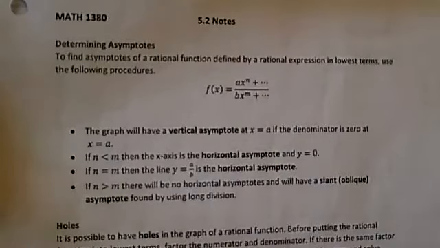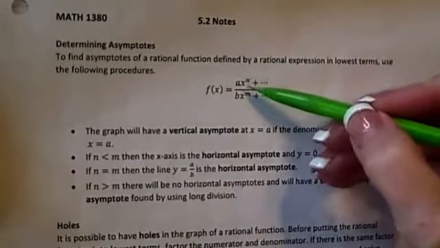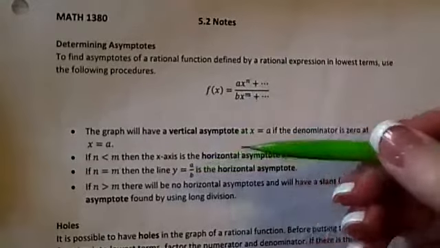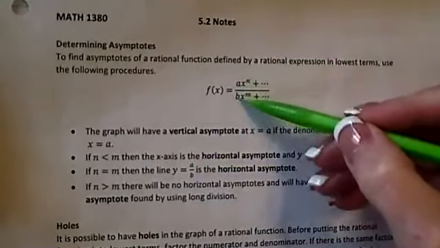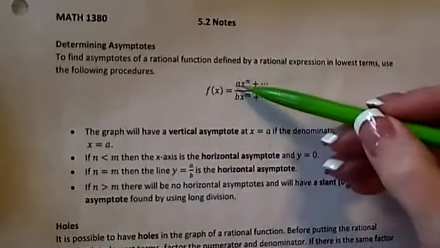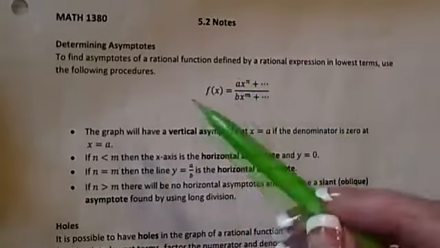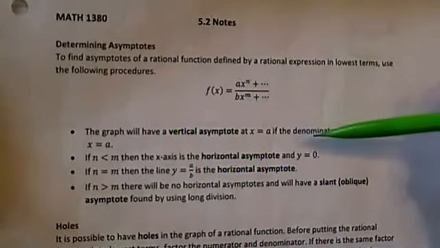If n equals m, if these two powers are exactly the same, like 3x squared over 5x squared, then you're going to have a horizontal asymptote, and it's going to be whatever this ratio is. Maybe this ratio is 2 over 3. So at y equals 2/3, you're going to draw a horizontal line. We'll go through these so you understand them a little better too.